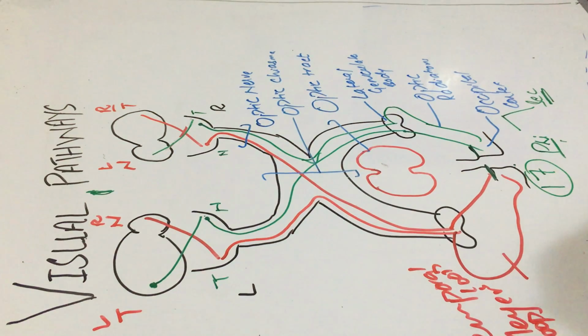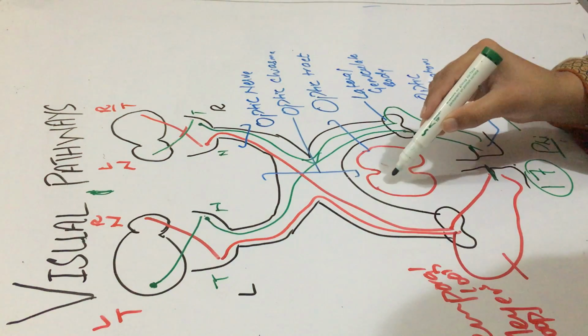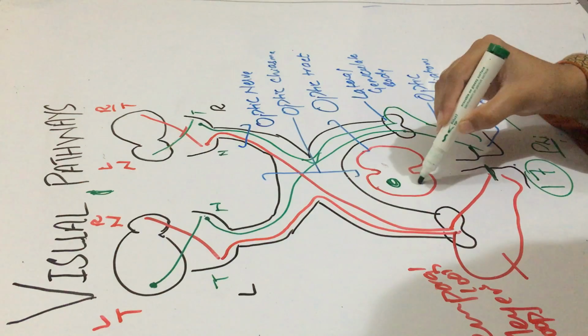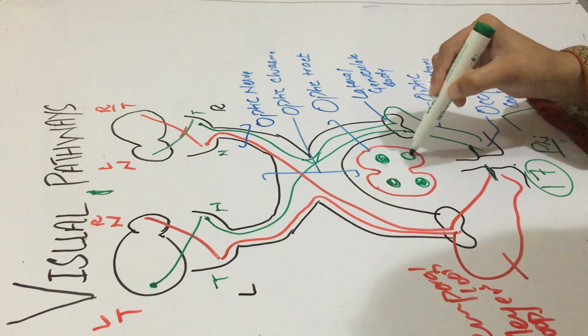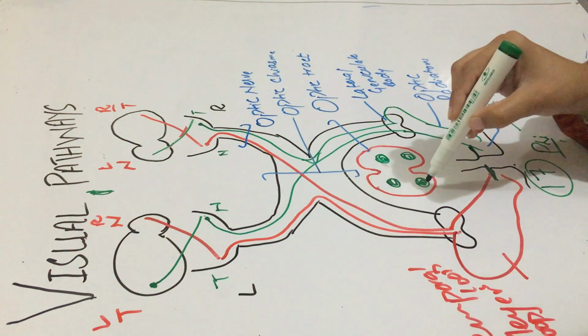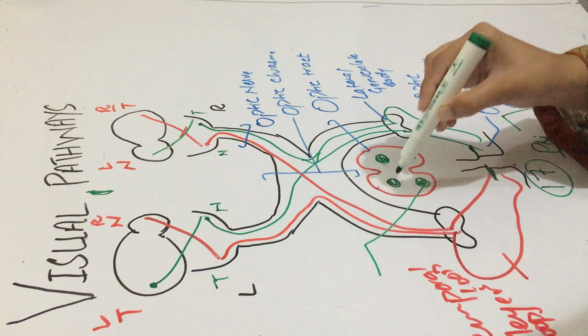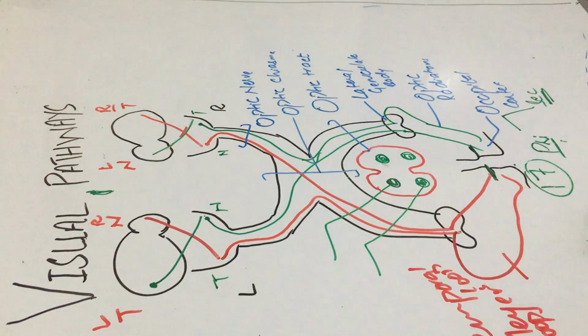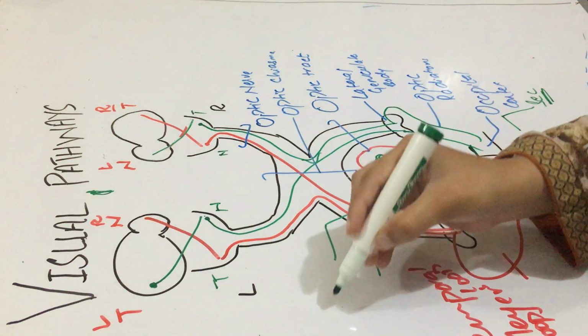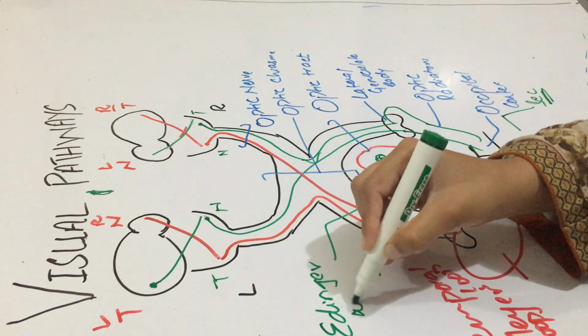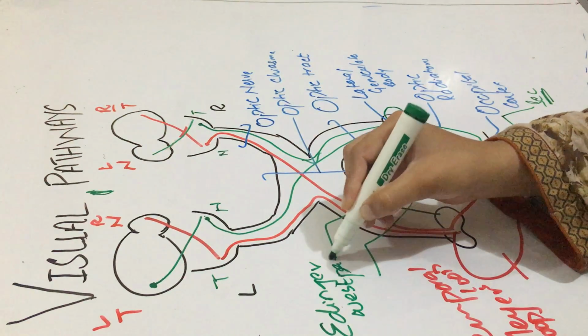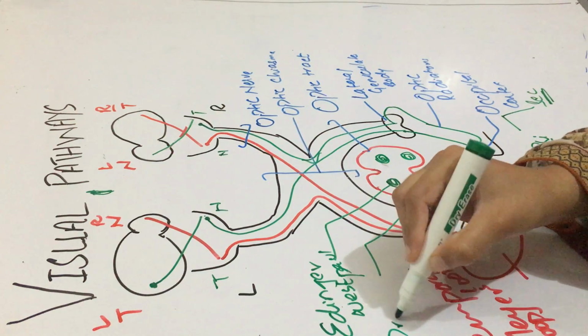Here I will draw the two nuclei. There are two nuclei on the left side, same on the right side. These are the pretectal nuclei, and these are the Edinger-Westphal nuclei. Okay, this is the Edinger-Westphal, and this is the pretectal.